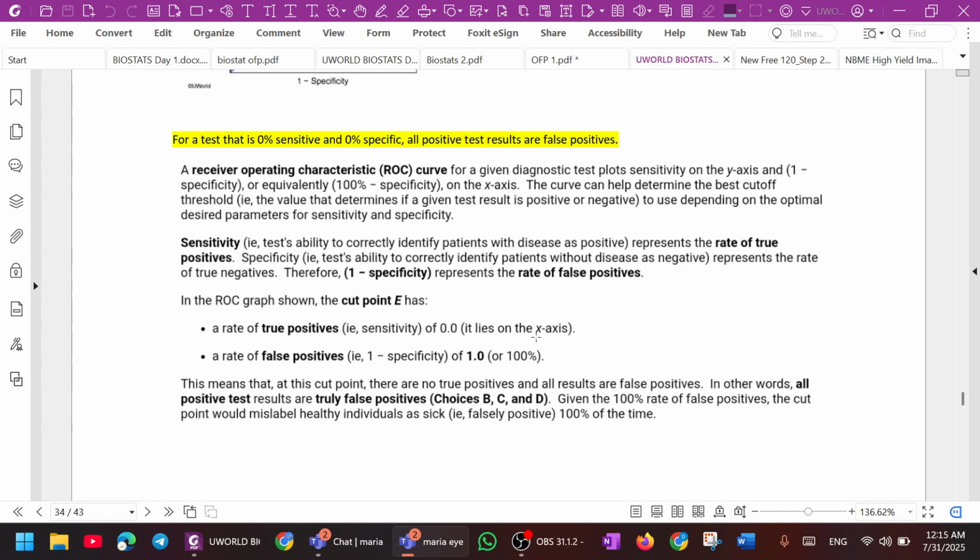No? Okay. Here they're telling you the answer is all test results are false positive. Specificity equals true negative divided by true negative plus false positive. So if true negative is 0, plus false positive.